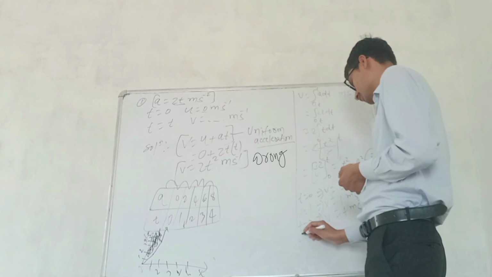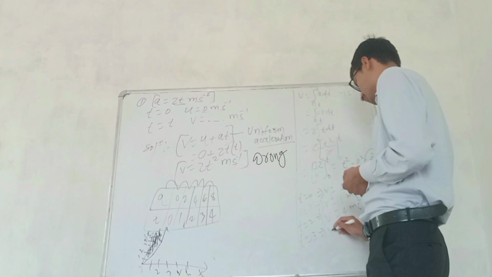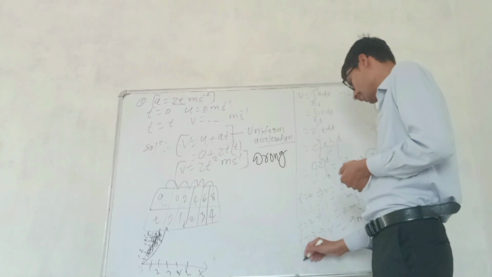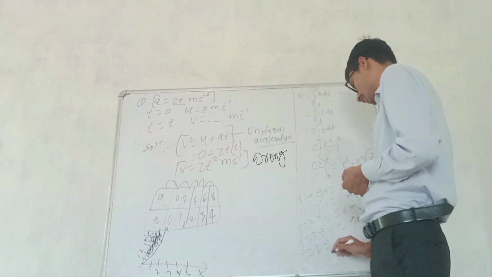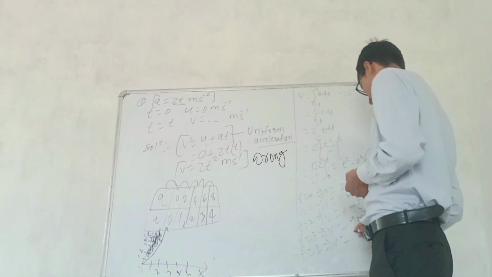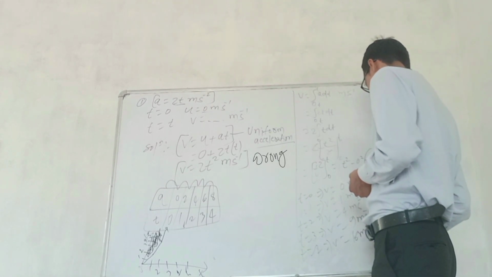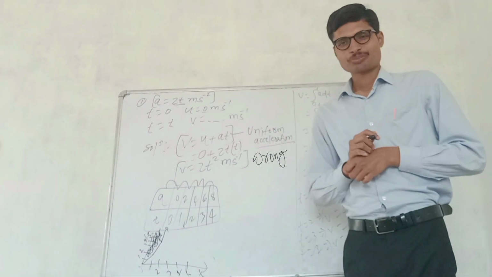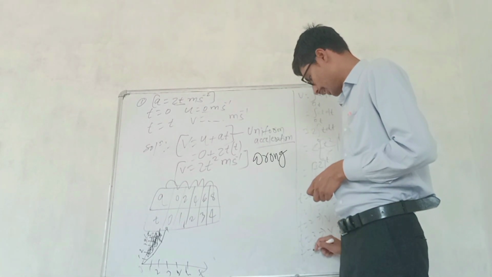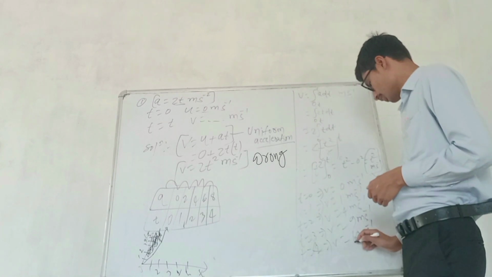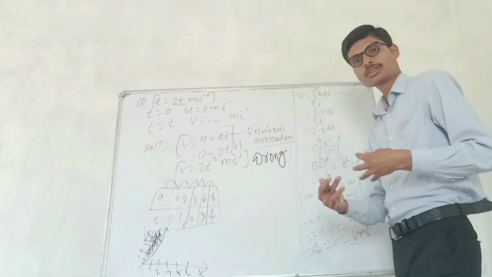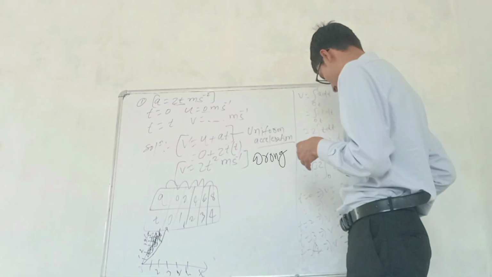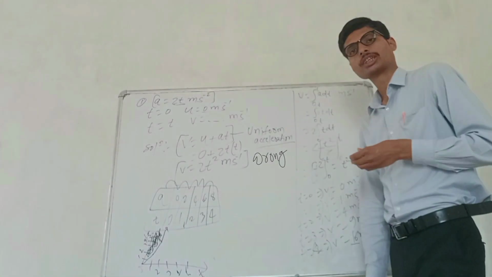If time is 3 seconds, then our final velocity will be 9 meters per second. If time is 4 seconds, then our final velocity is 16 meters per second.